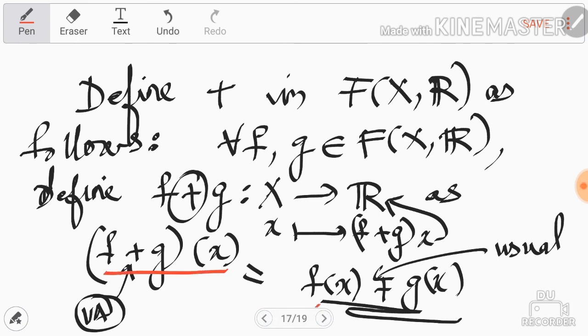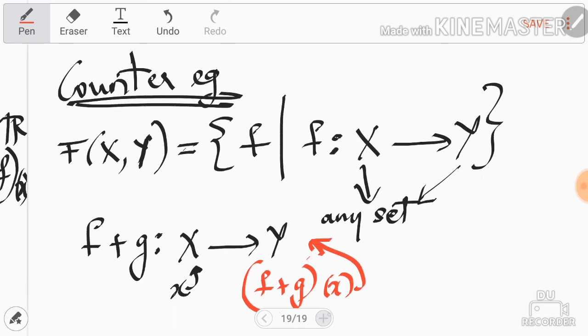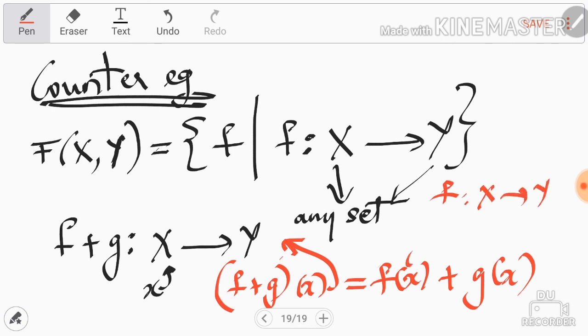We had (f plus g)(x) as f(x) plus g(x). f(x) plus g(x) makes sense because f(x) is a real number, g(x) is also a real number, and real number plus real number makes sense. But here, can f(x) plus g(x) make sense? If f is a function from X to Y, then f(x) is an element of Y. If g is a function from X to Y, then g(x) is also an element of Y.